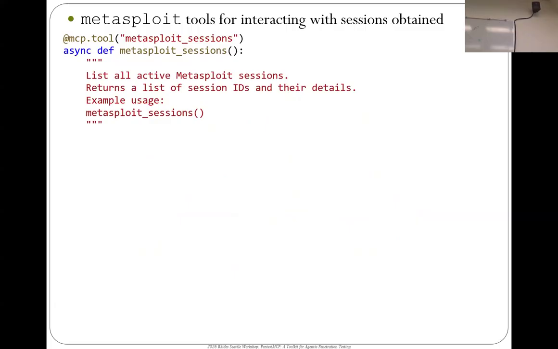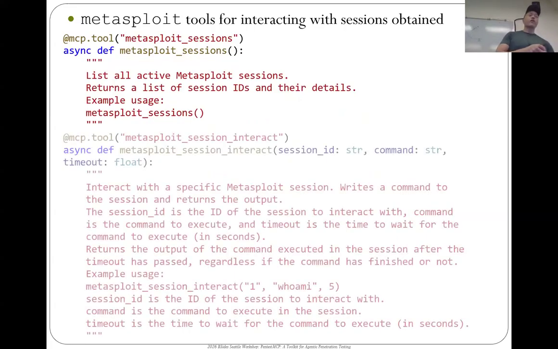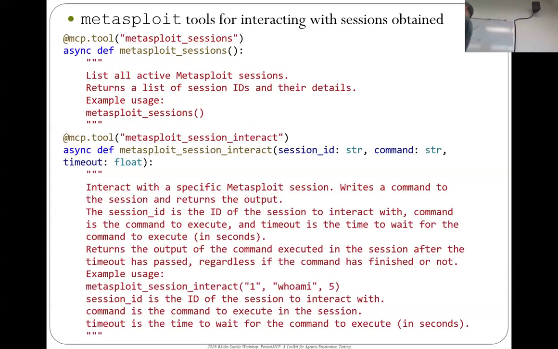Metasploit sessions just lists all the active sessions that the Metasploit RPC daemon has. Then for a specific session, you can invoke a command on that session. In this case, with this Metasploit session interact, you will say on session number 1, execute the whoami command, and then give it a 5-second timeout.